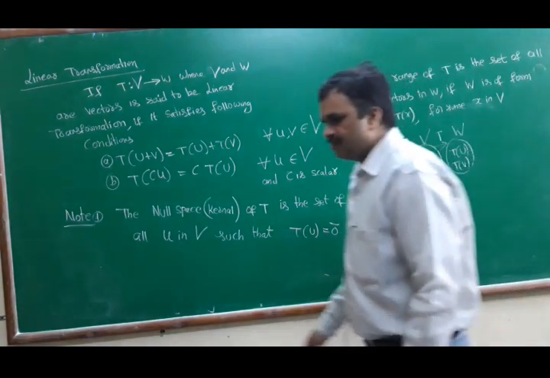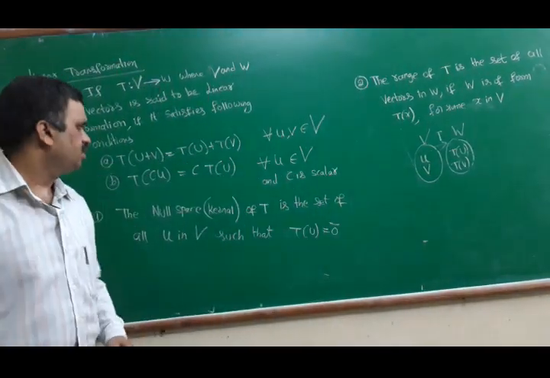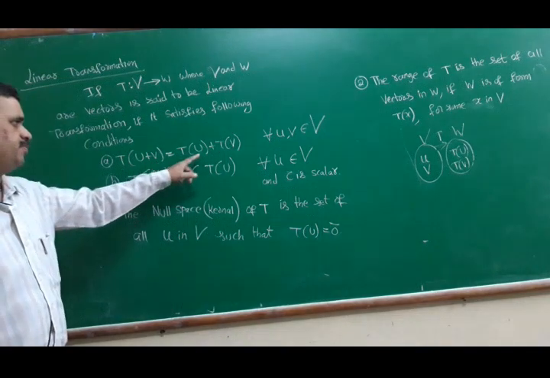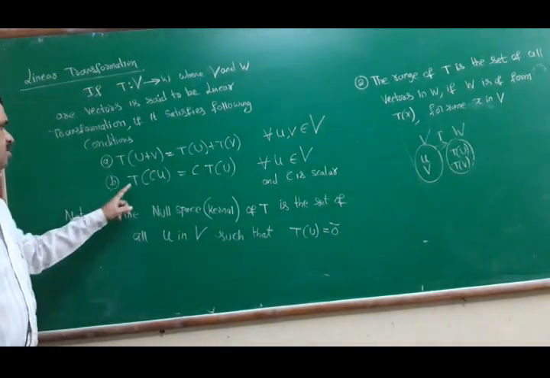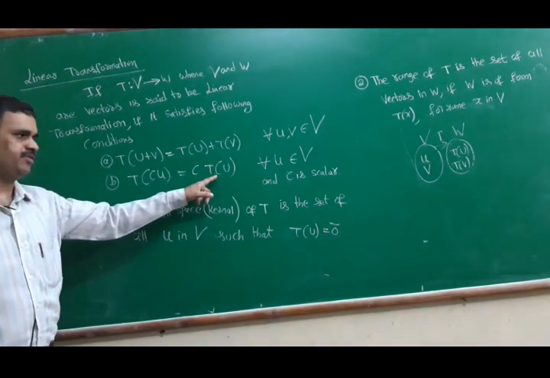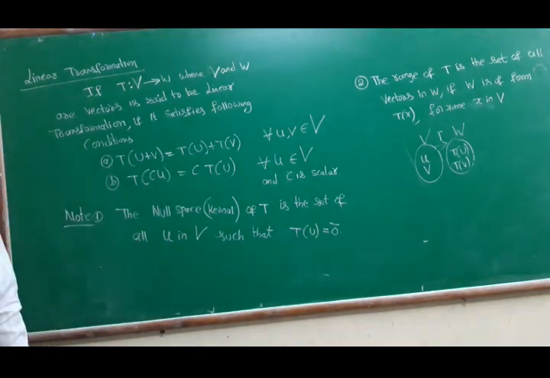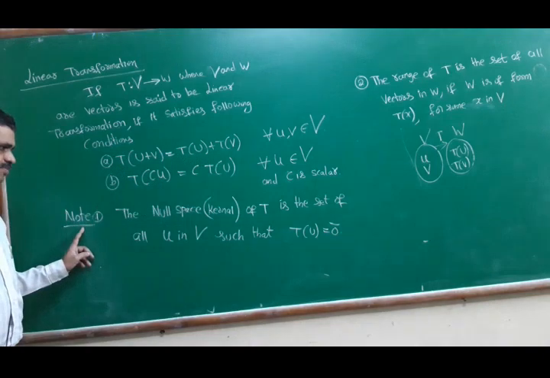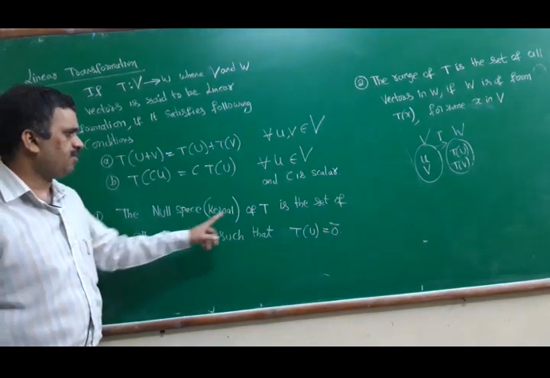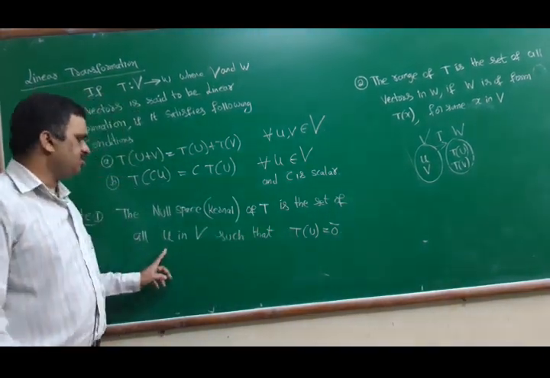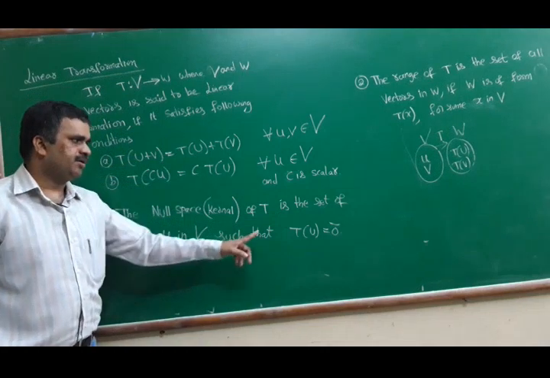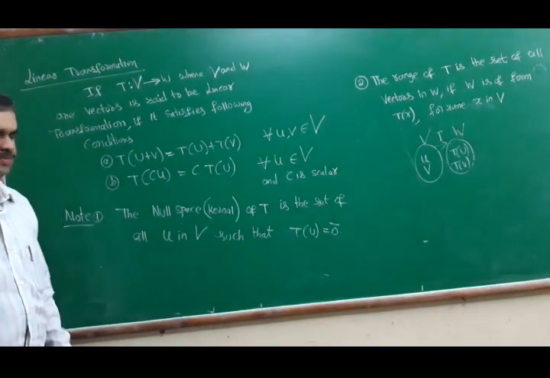So here I am taking two conditions. We have T of u plus v equal to T of u plus T of v, and T of cu is equal to c times T of u. Then T is known as a linear transformation. And we have, note, the null space of T is the set of all u in V such that T of u is equal to 0 bar.